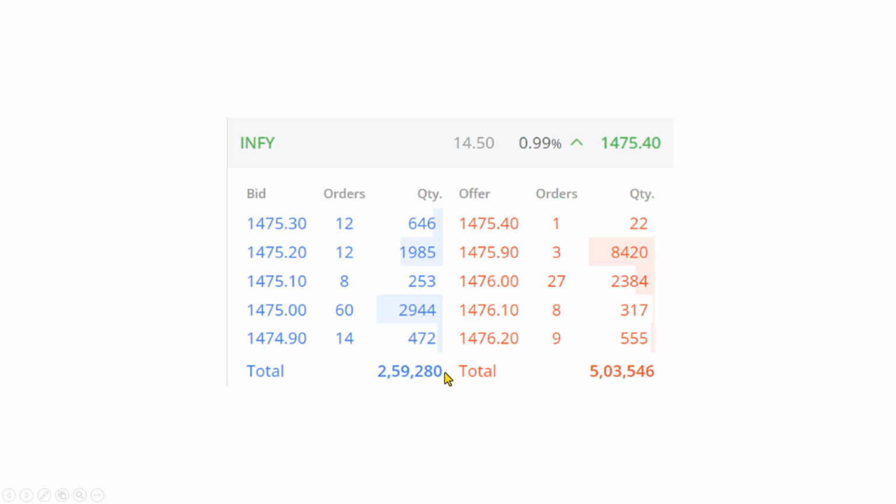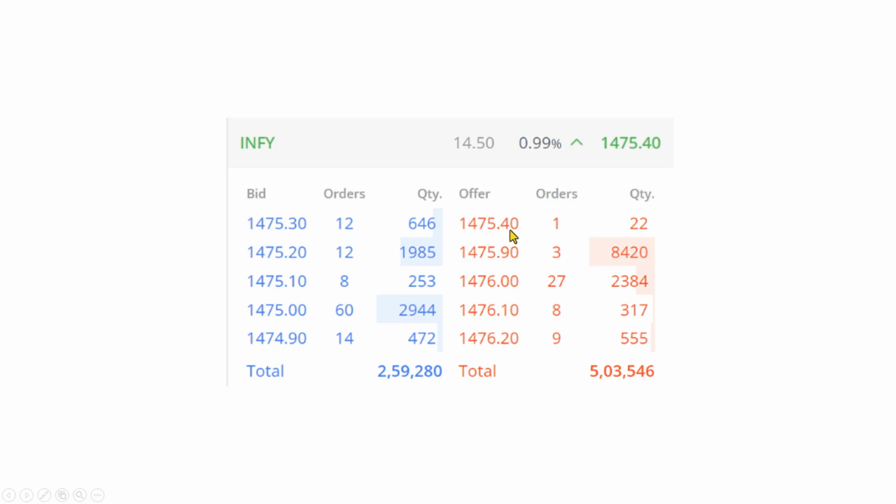So now when does a trade happen? A trade happens when there is a match between this and this. Meaning, when there is a seller who is ready to sell at this price, then a trade will happen.